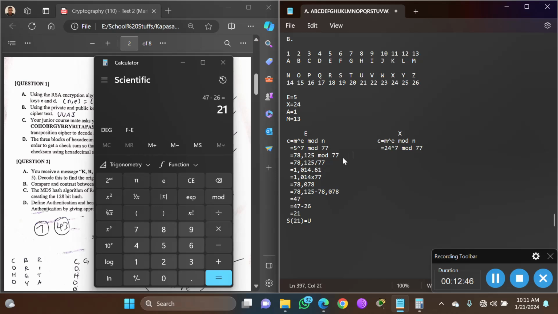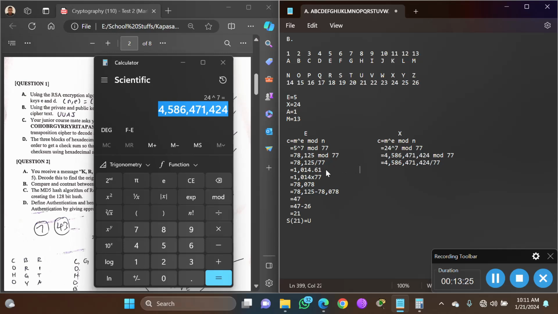And then from that you need to go to your calculator, then you say 24 power 7, like that. Then you get this answer, paste it there, then you say mod 77. Now at this point we can just say that answer divided by 77. So you divide it by 77.